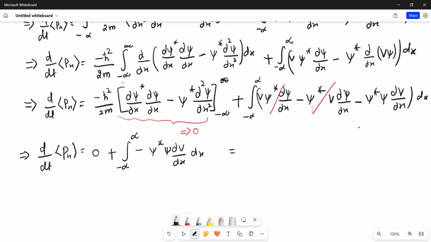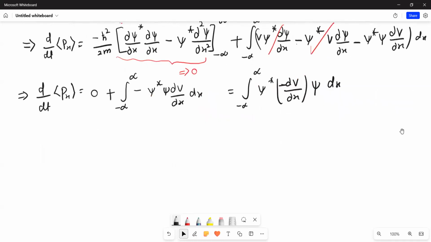So we can write this equation as the integral over minus infinity to plus infinity of psi star, with the minus put inside, minus dou V by dou x, psi dx.